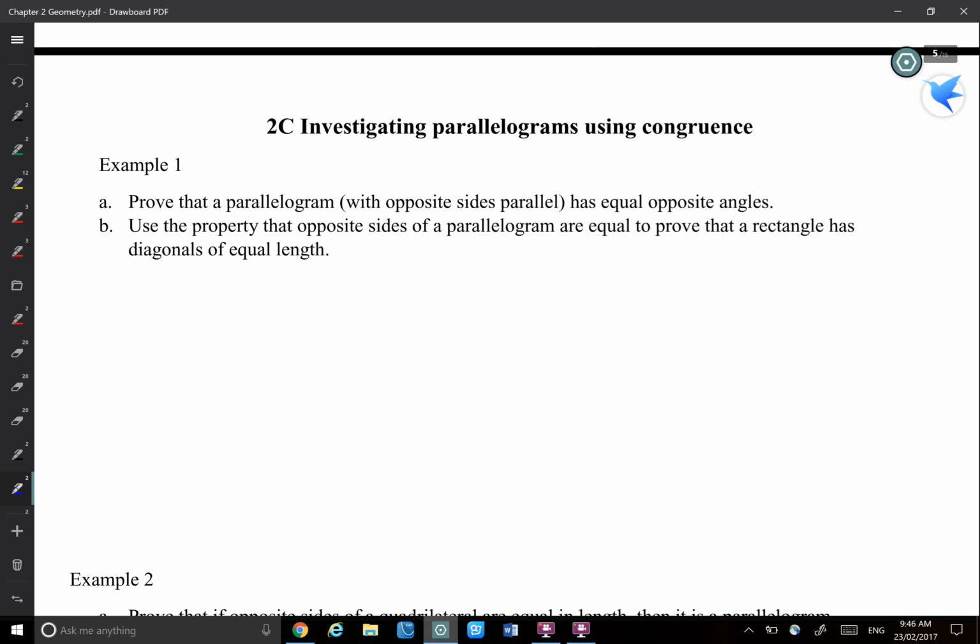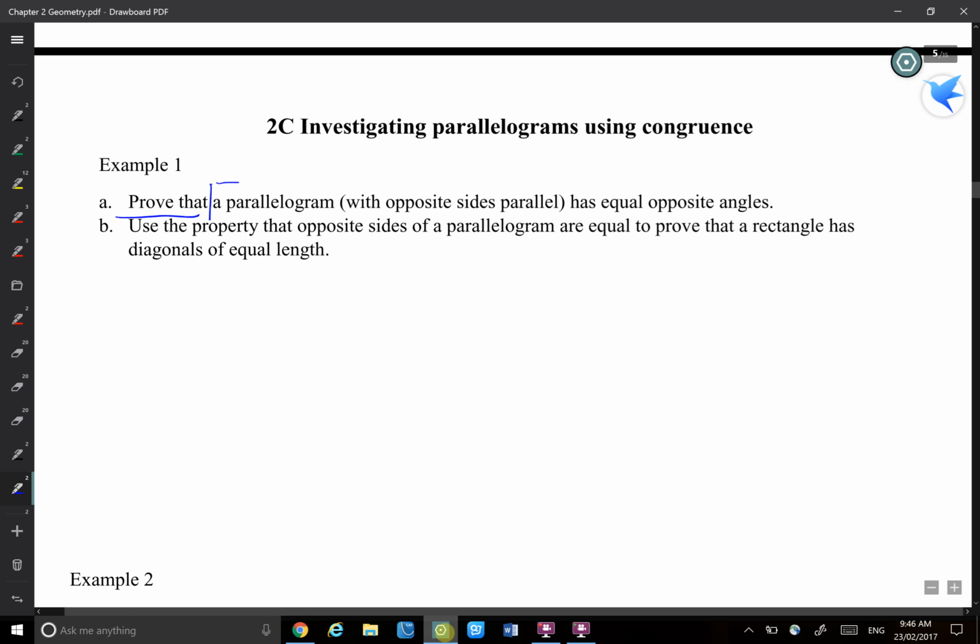So let's look at the first one. Prove that a parallelogram, with opposite sides parallel, has opposite angles equal. So let's draw a parallelogram first.